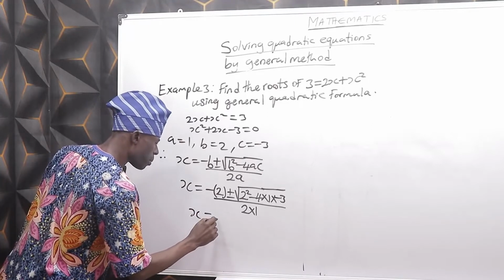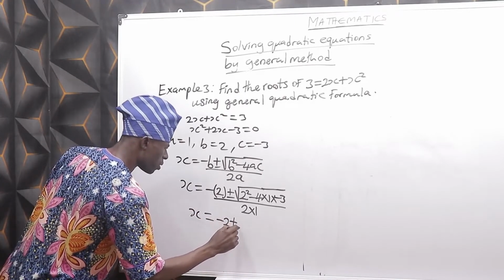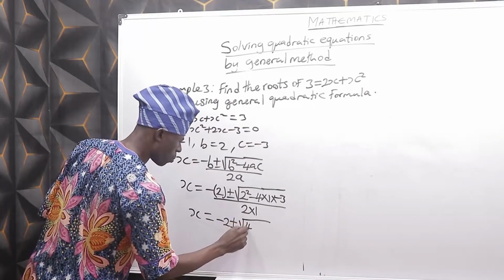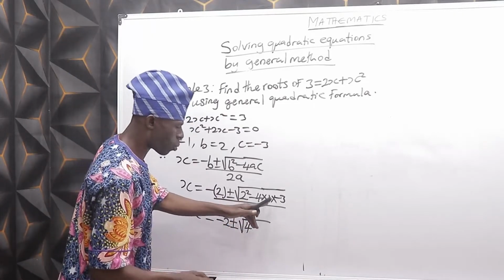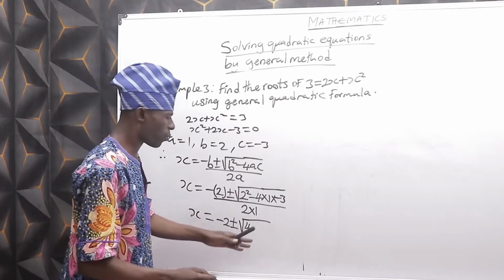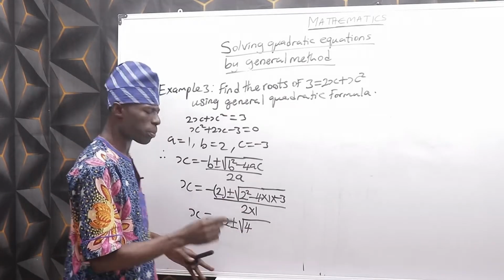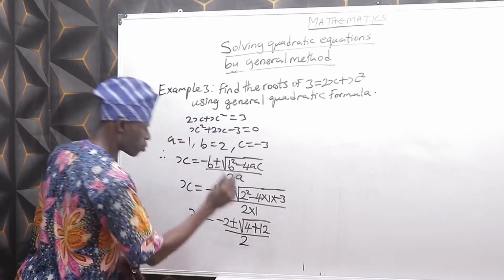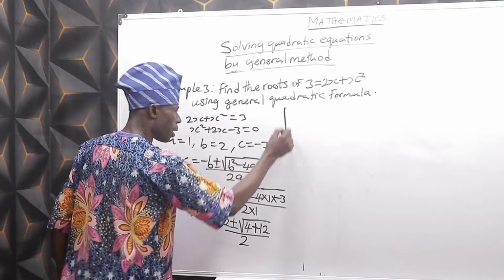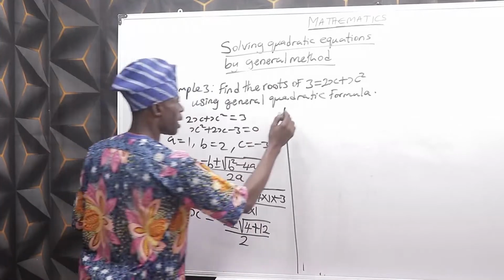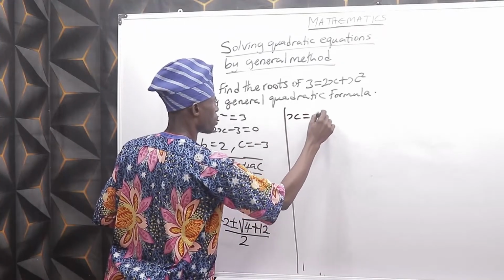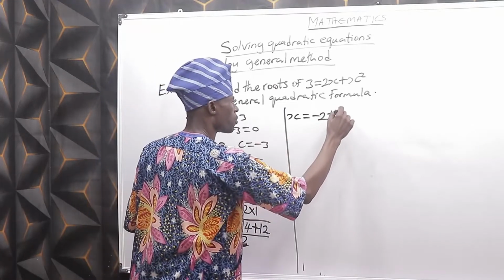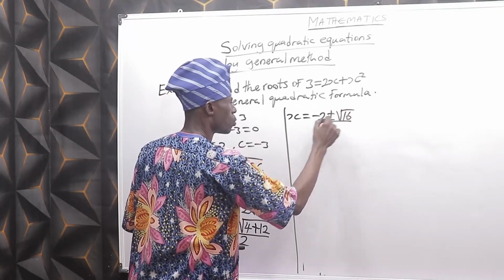X then is minus 2 plus or minus square root of 2 squared is 4. Minus 4 times 1 is minus 4. Minus 4 times minus 3 is positive 12. Everything over 2. 2 times 1 is 2. I continue on this side. X is equal to minus 2 plus or minus square root of 16 over 2.